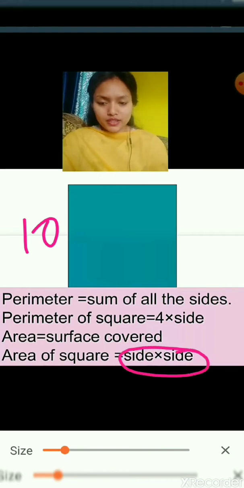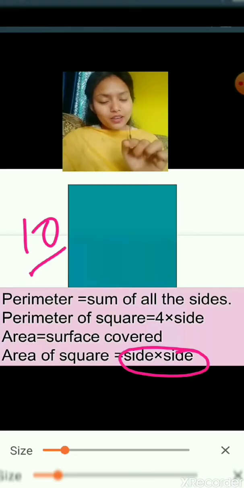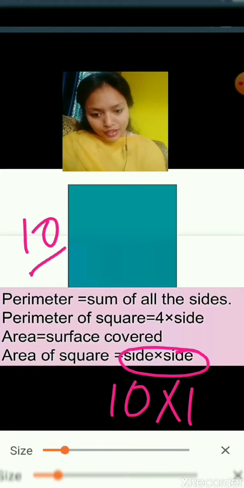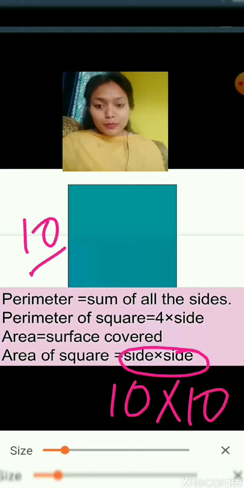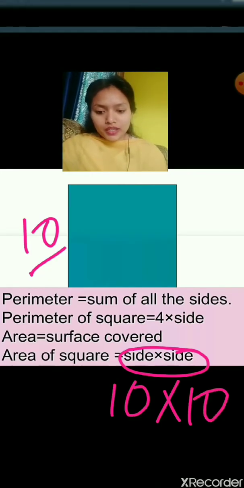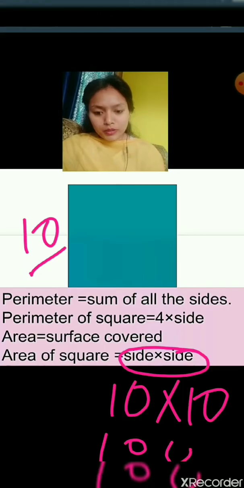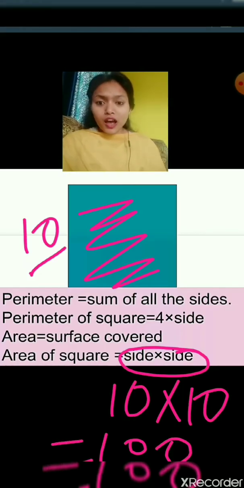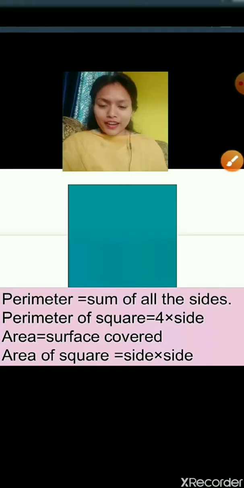So 10 multiplied by 10 is 100. So the area of this portion is 100 square centimeter. Understood? This way we can find the area.